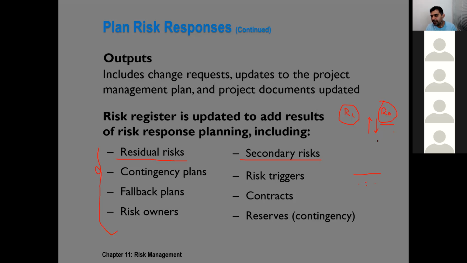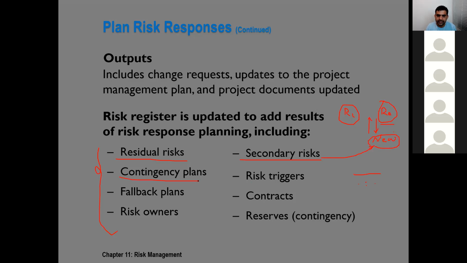And sometimes what happens, a new risk is generated. Four things may occur when we apply a response on a risk: no impact, risk reduced, risk increased, or a new risk is generated. This new risk is our secondary risk.